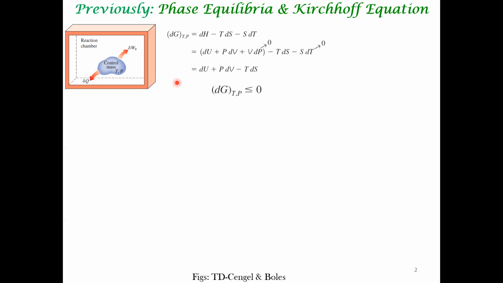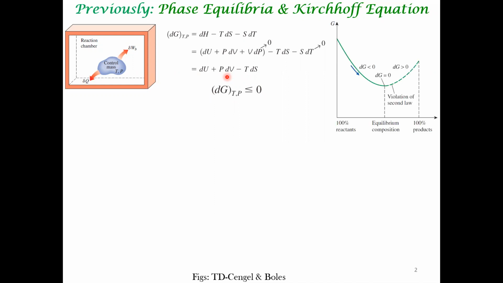It's good for you to go through the logic, how we arrived at this result. Instead of just memorizing the result, the logic is so useful for you to assimilate. And then that helped us in determining what composition will be present at equilibrium.